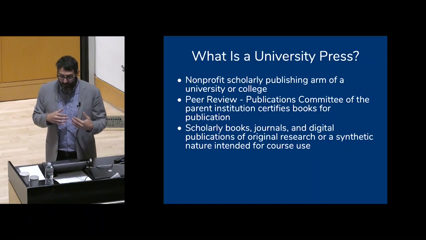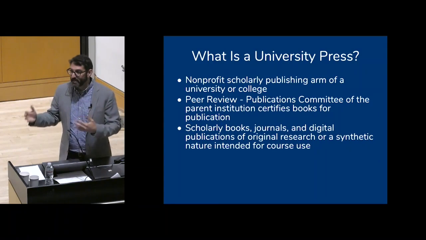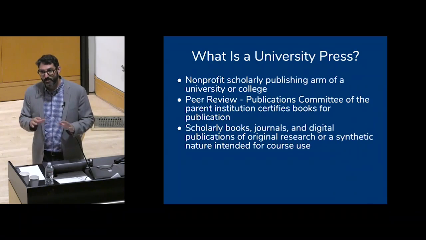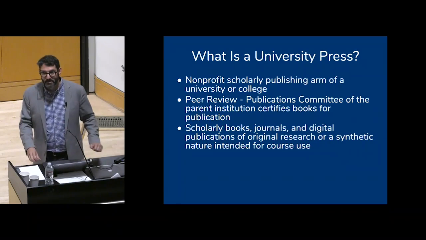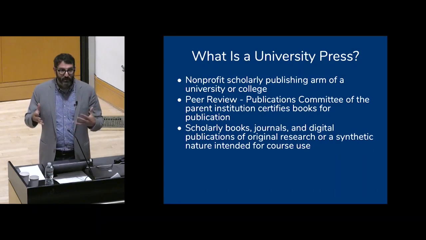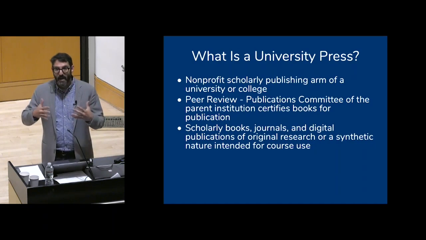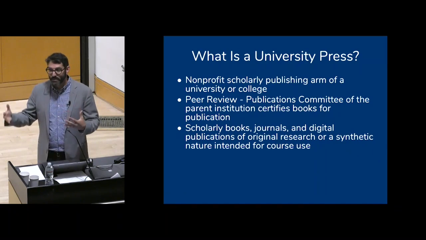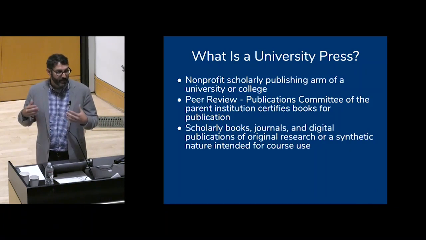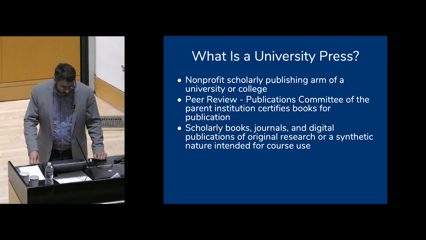We have a faculty board of 10 faculty members. They meet the last Thursday of every month, and any book that we want to publish, no matter what, has to be approved by this body. And that's, I think, an important reason why people within the academy trust books published by university presses, because they have that imprint of peer review.